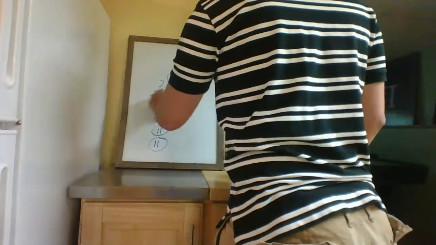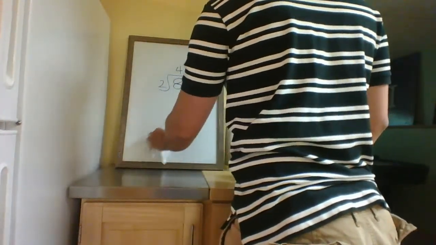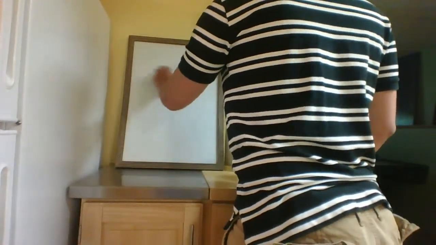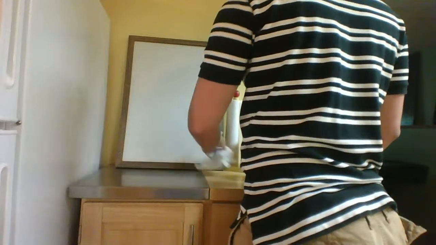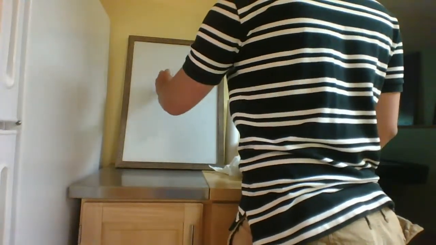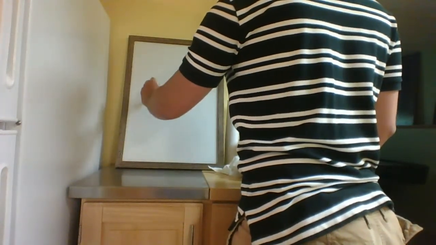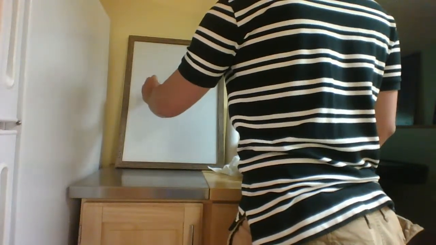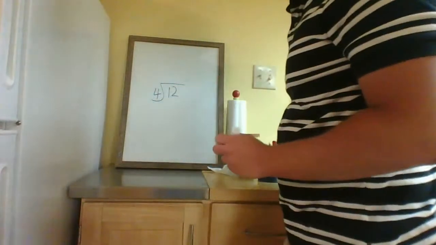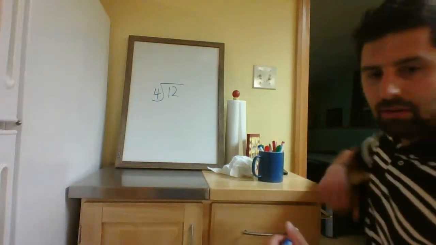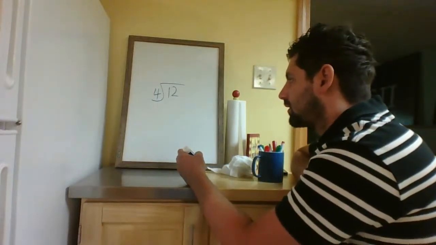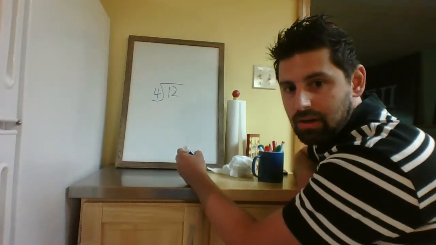So I'm going to do 2 of these with the arrays group strategy, and then I'm going to do 2 with a repeated subtraction strategy. So I have 12 now. 12 divided by 4.